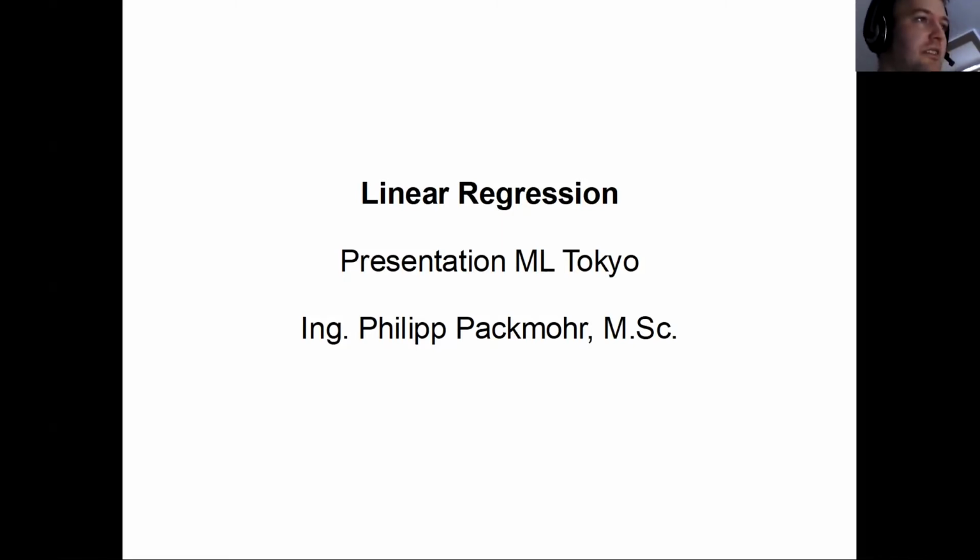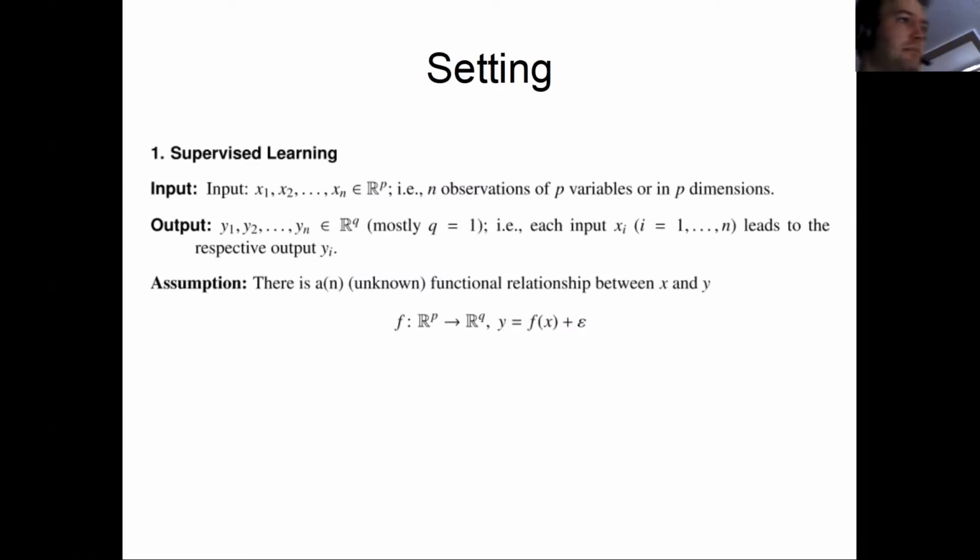Okay, let's start. So what is the setting? Basically, in statistical machine learning, you have two broad classes. One is, of course, supervised learning. I guess you're all familiar with this terminology now. And the other is unsupervised learning. So think about it for a second.